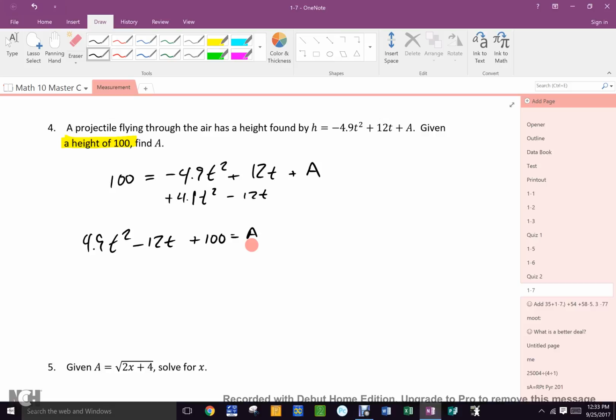So why, Mr. Myers, did you give us this question? So you can learn this move. You can move a whole thing if you keep it as a whole thing. Do you understand what I am saying? Everybody with me? I just took this negative 4.9t squared, the whole thing, and added that whole thing to both sides.